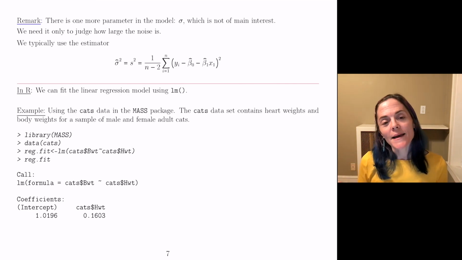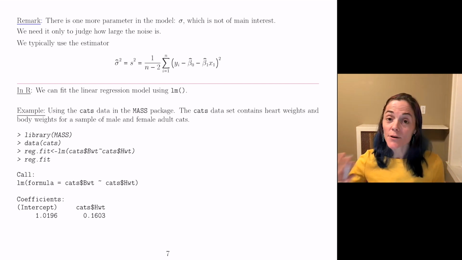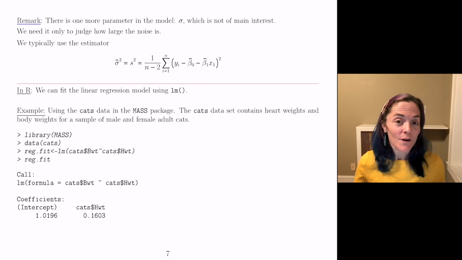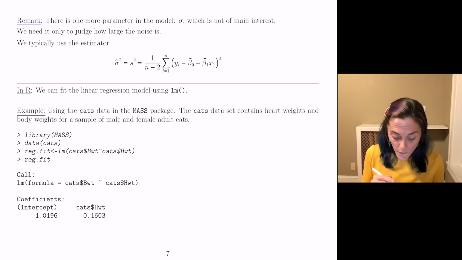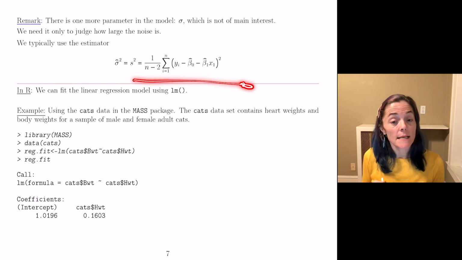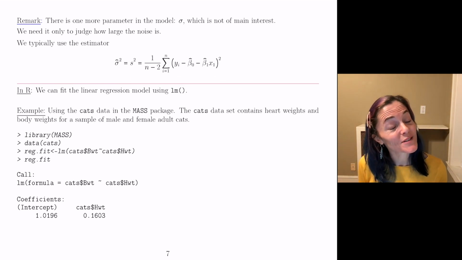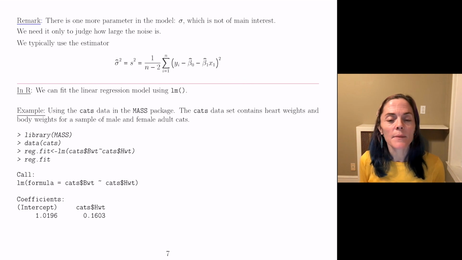A remark, there's one more parameter in this model, sigma, which is not of main interest. This is the standard deviation of our noise. We really only need it to judge how large the noise is, and we will typically use this estimator, this S squared. You might wonder why there's an n-2 in the denominator.